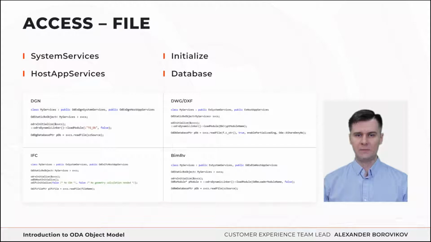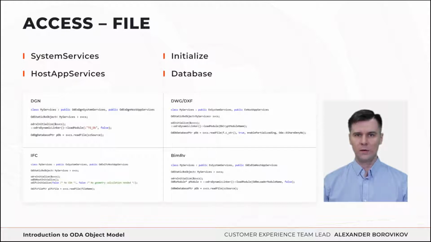Though the extracts are provided for different formats, the code is quite similar. First, we create a services class inheriting both system and host app services classes. Please pay attention that depending on a particular format, we use different variants of the classes to consider the format specifics where necessary.